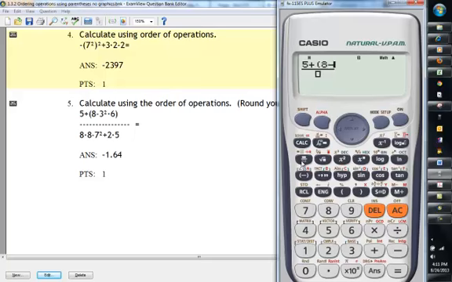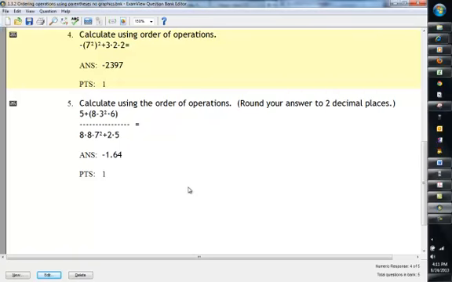So if you make it look exactly like you see it on the page, you will not get the problem wrong. 8 times 8 minus 7 squared plus 2 times 5. And S to D comes out to be negative 1.64.